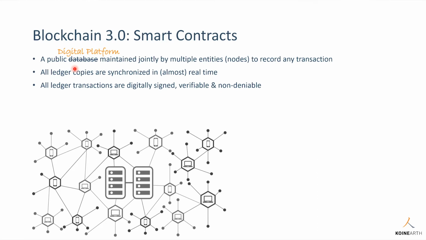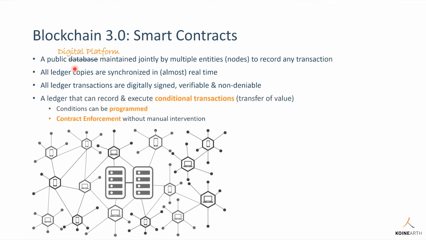Perhaps the best way to understand smart contracts is by thinking of conditional transactions. What do we mean by conditional transactions? Well, let's first talk about what we mean by transactions. A transaction is simply a transfer of value. So when A pays B 100 rupees, we say a transaction has occurred. But you can now convert this into a conditional transaction, saying A promises to pay B if something happens.